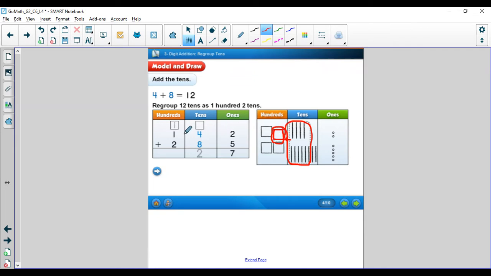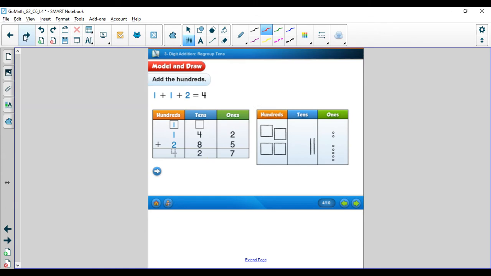Because we added 4 plus 8 and we got 12. So we have 2 left in the tens place, as you can see in our quick picture. And then that 100 we brought over, we regrouped into the hundreds place by writing a 1 in the hundreds column. So we regrouped 12 tens as 100, 2 tens.